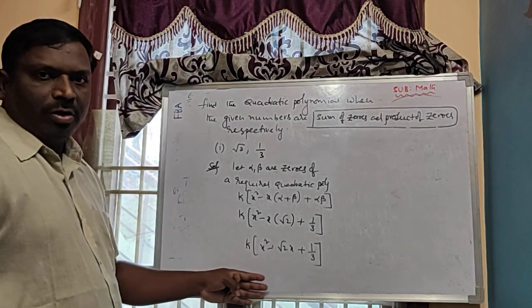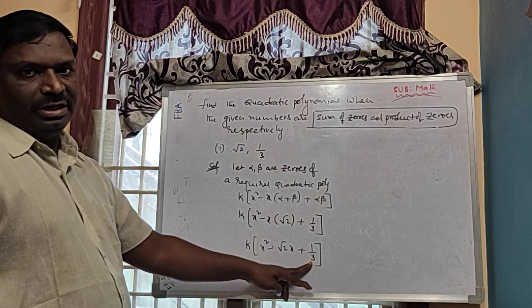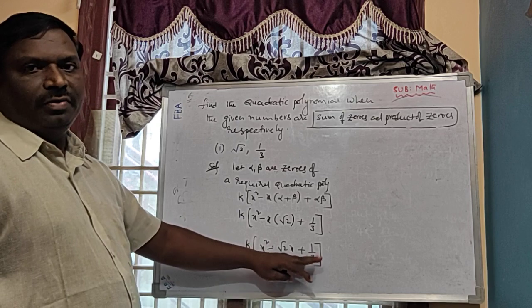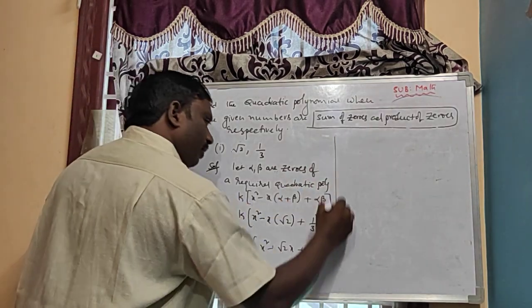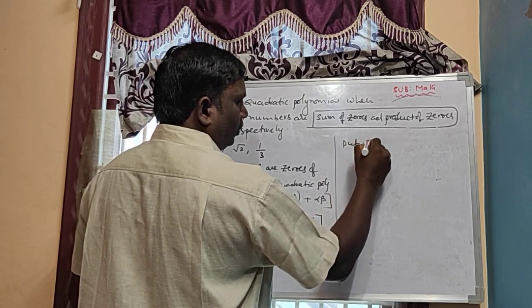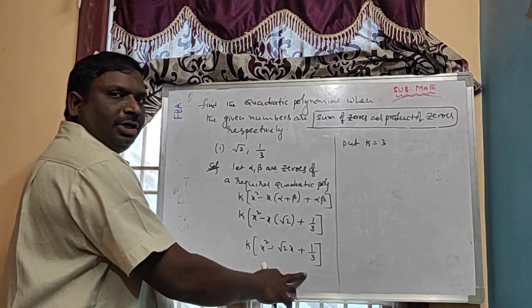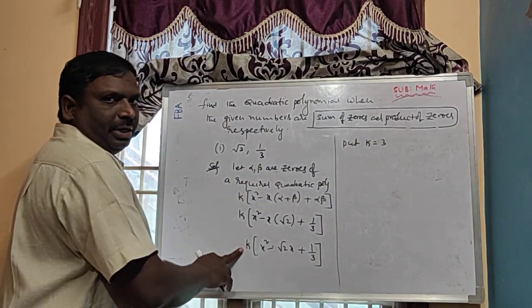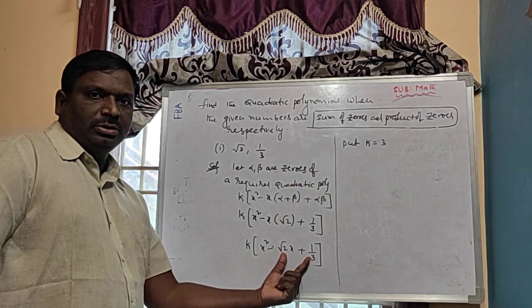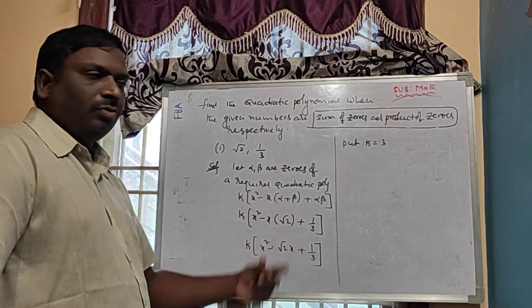In this quadratic polynomial, the denominator is 3. But our general form of a quadratic polynomial is not in the form of a fraction. That's why put k value equal to 3. Whatever the denominator is, that same value you can write here. If sometimes you get two denominators, I will explain in the next model how to do that.